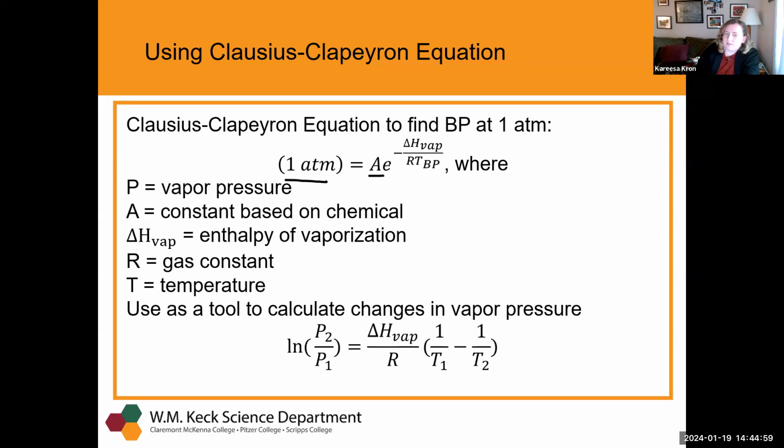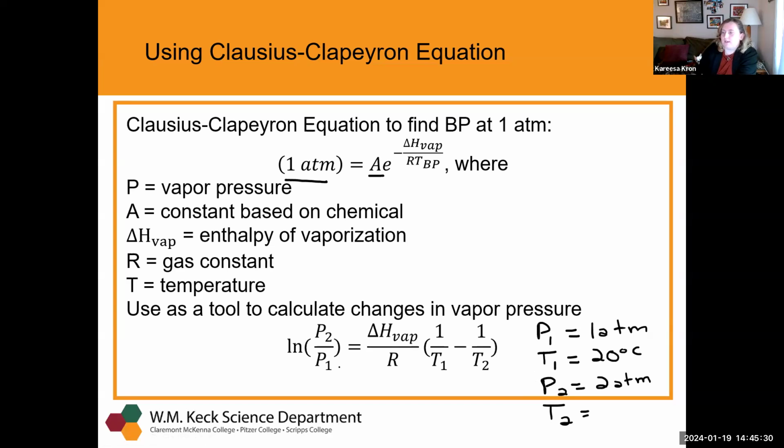We can also use the Clausius-Clapeyron equation to help us identify what would happen if I changed a system from being at P1 equals 1 atm and a temperature of 20 degrees Celsius, and I increase the pressure of my system to 2 atm. How does that change the temperature of my system with respect to vapor pressure?